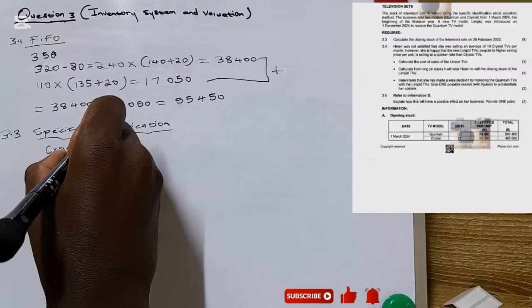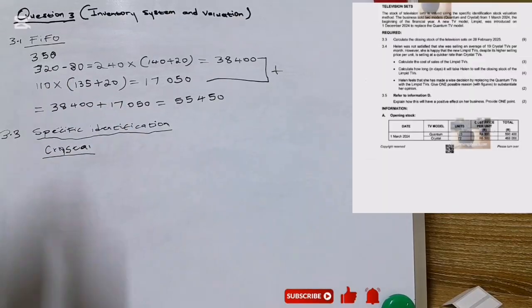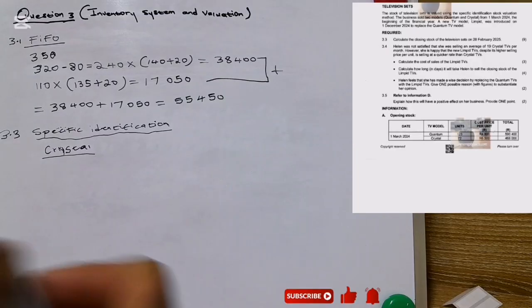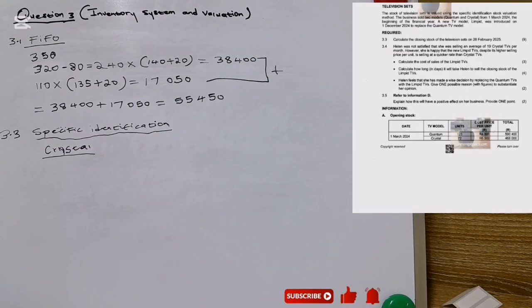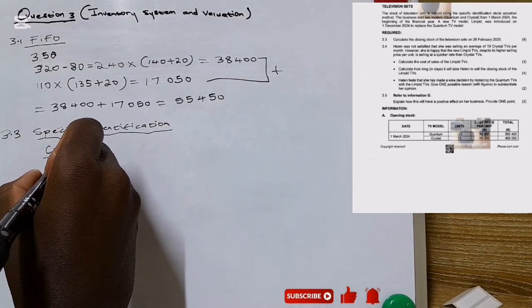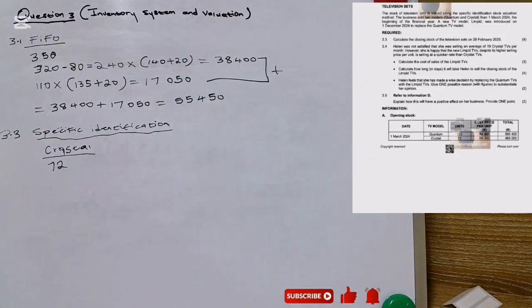The reason we are not going to calculate for the Quantum model is that we have only opening stock, and remember they said they introduced a new model, Limpid, to replace the Quantum model. So our Crystal model at the beginning was 72 units.